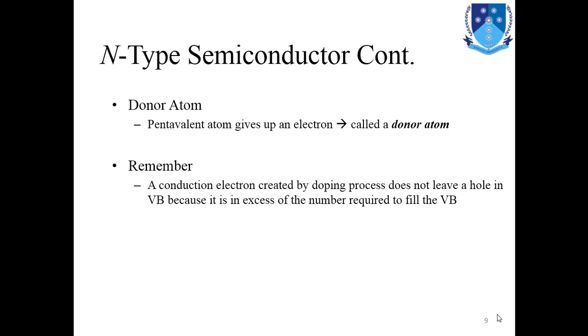It means that the conduction electron created by the doping process will not leave a hole behind in its valence band, because that electron did not become free by leaving its valence band, but was in excess due to the impurity atom.